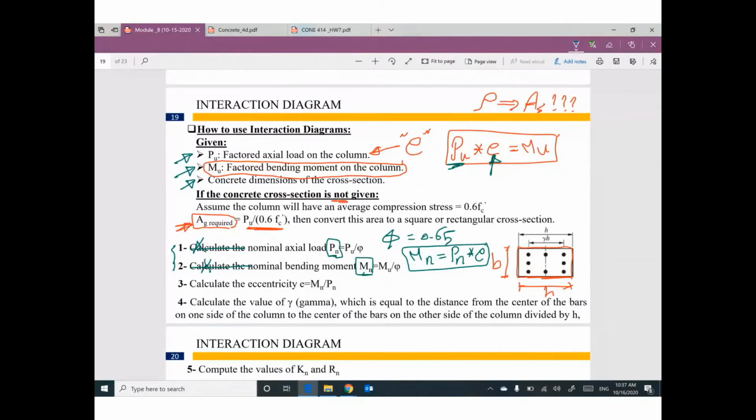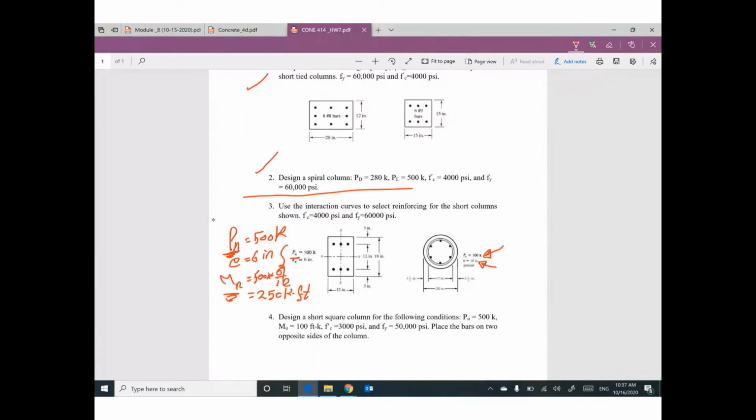But if the given is P ultimate and M ultimate, I need to do the first step and second step, like this problem. The given is P ultimate, 300 kip. So please go ahead and find Pn equals 300 kip divided by phi 0.65. And the eccentricity is given.